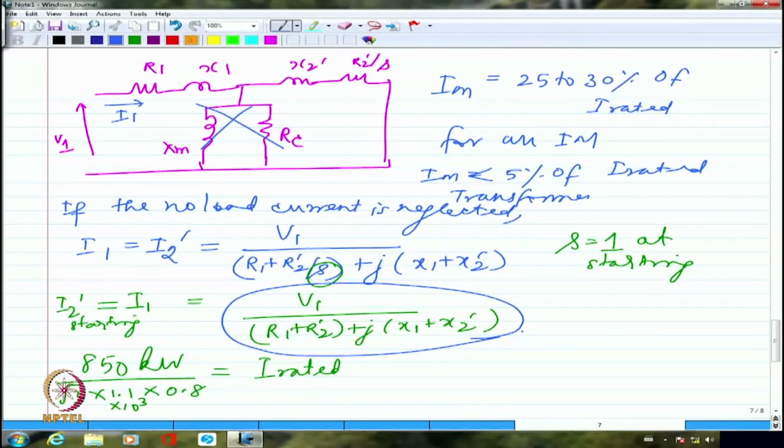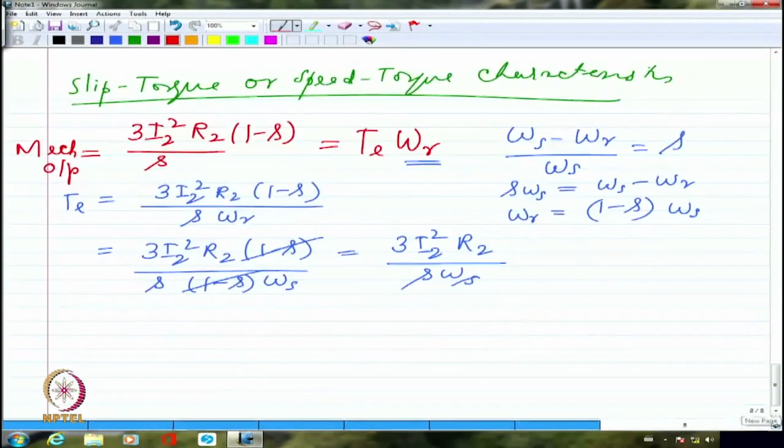Actually I should have rounded this expression. This is what is actually my expression for the current. Let me substitute that here. First of all, what is I2, or I2 dash, whatever.